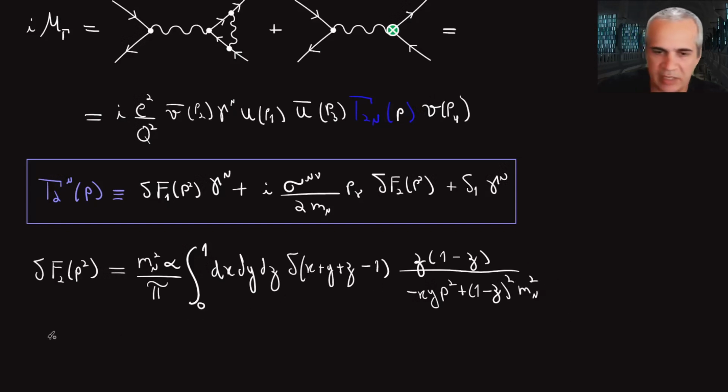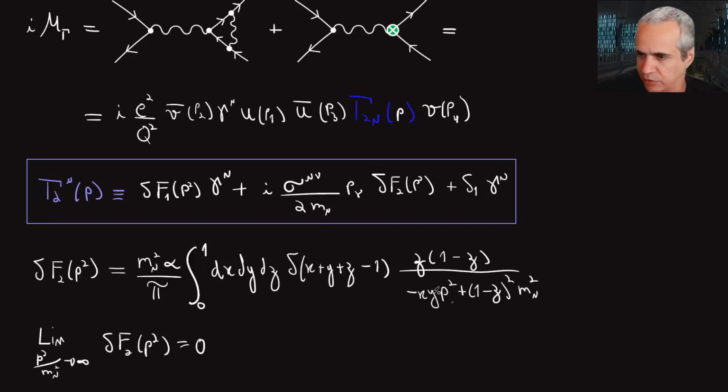And we have seen that in the limit, first, this is infrared finite. There's no infrared divergence. I didn't even put a mass for the photon there. But also in the ultra-relativistic limit, where p squared is much bigger than the mass of the muon, delta F2 of p squared goes to 0. It's easy to see that here.